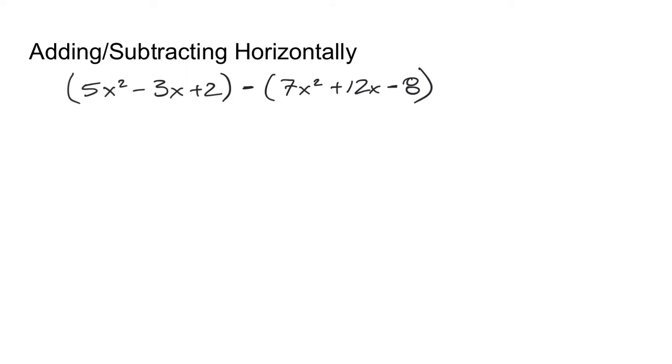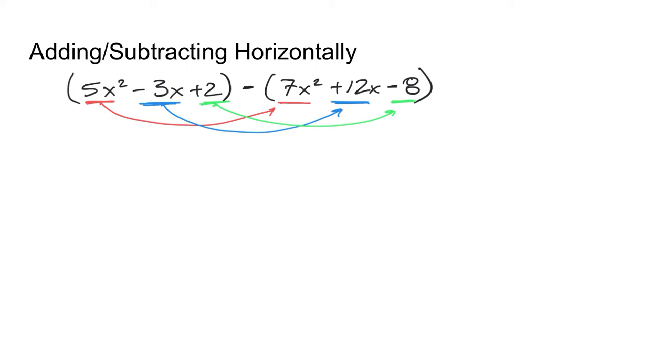So now I am going to subtract two polynomials. They are both second degree or quadratic trinomials. 5x squared minus 3x plus 2, and I'm subtracting from that polynomial 7x squared plus 12x minus 8. And we're just going to go horizontally. We're not going to rewrite anything. So I color-coded my like terms here, and I'm going to try to keep the color coding going.